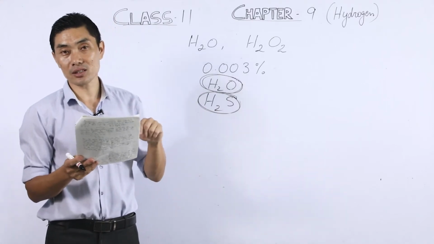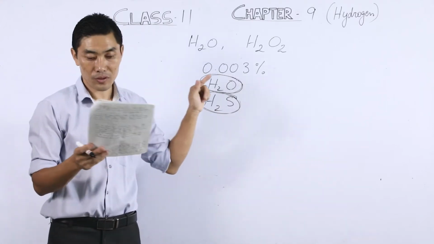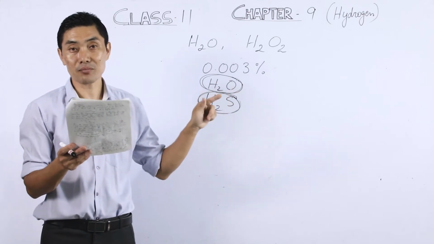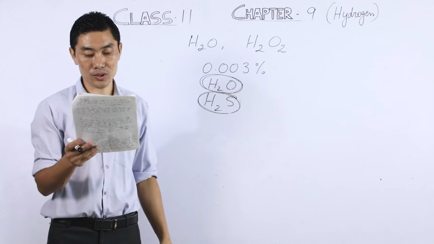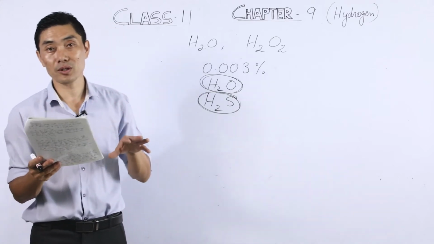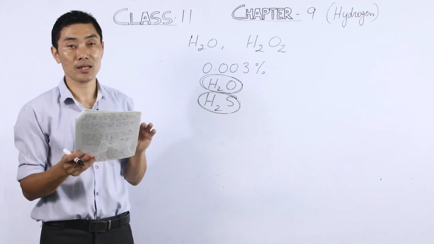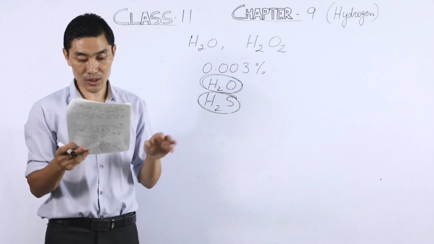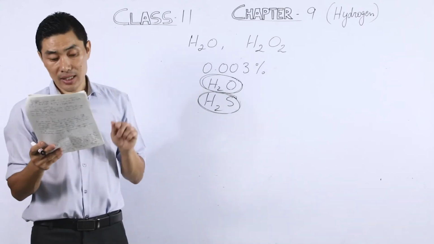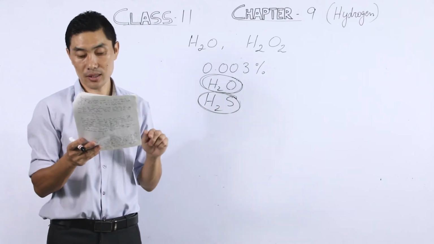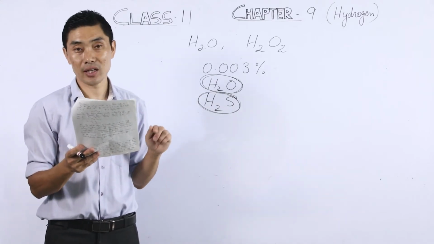And the reason is because some of these organic compounds, covalent compounds, are able to form hydrogen bonding with water molecules. And that is why they are soluble in water even though it is an ionic solvent or a polar solvent. Now, water exists in nature as solid, liquid, as well as gas.